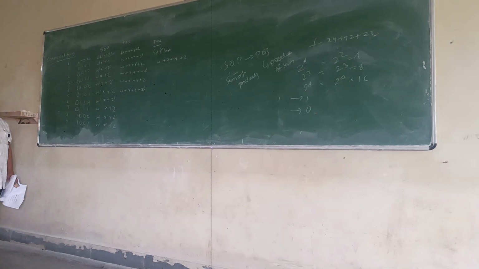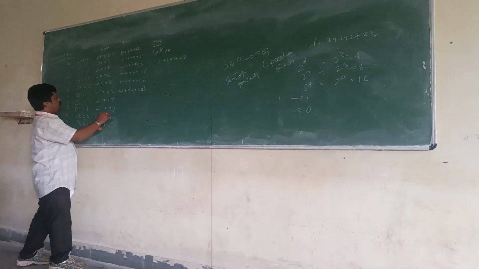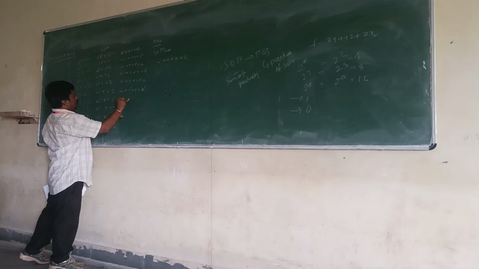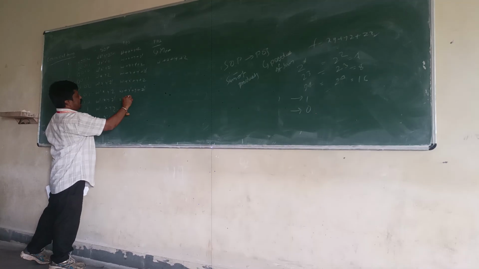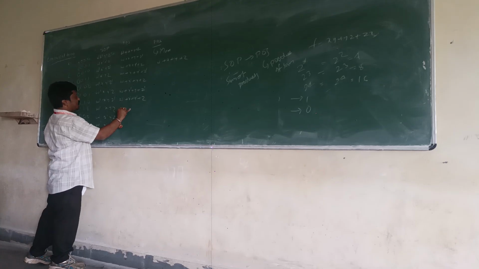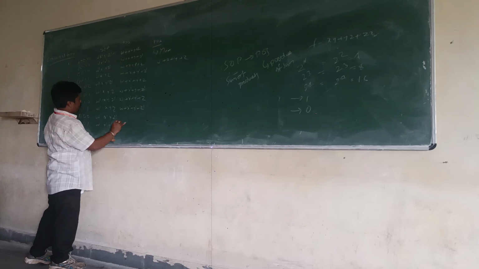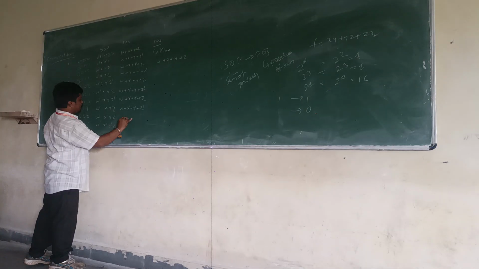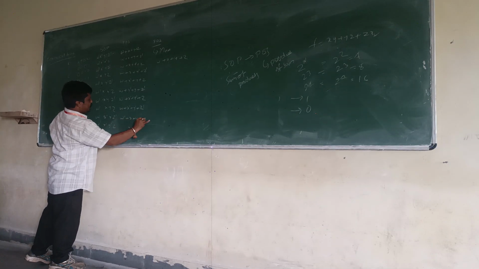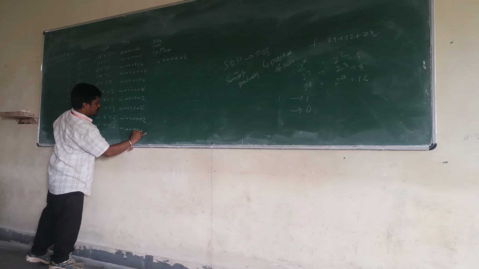Okay, completely opposite one. SOP is completely opposite of the POS form. Then W plus X bar plus Y bar plus Z, and then W plus X bar plus Y bar Z bar, then W bar plus X plus Y plus Z, and W plus X plus Y plus Z bar.